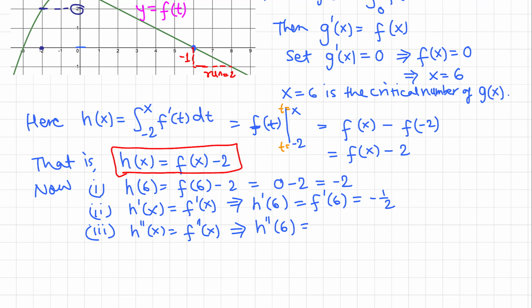Around 6, the function is a straight line. The first derivative is its slope, and the derivative one more time is 0, because for a line the second derivative means concavity, and there is no concave up or concave down, so it's 0. Or from this work, the derivative of the first derivative at 6: the first derivative is negative 1/2, so if we take the derivative one more time, that's 0.